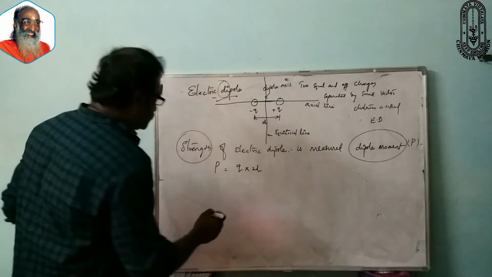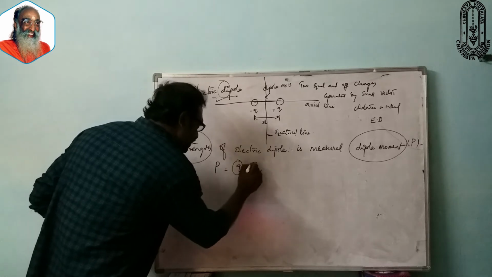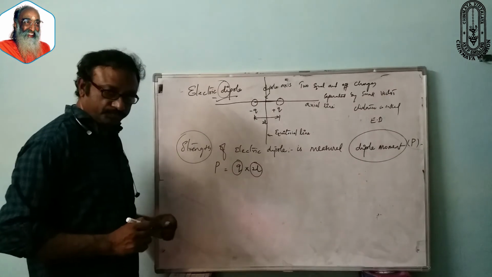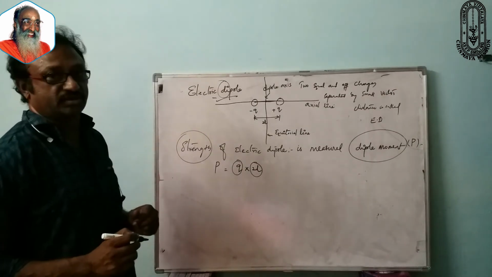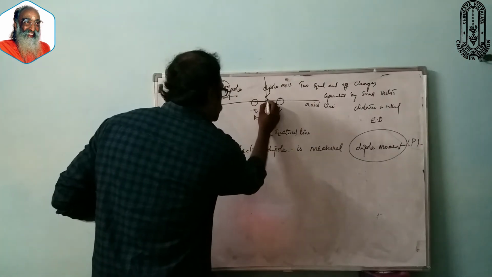So the product of the charge and the separation gives you the dipole moment. This is the magnitude, and it also has a direction. The direction is from the negative charge to the positive charge.